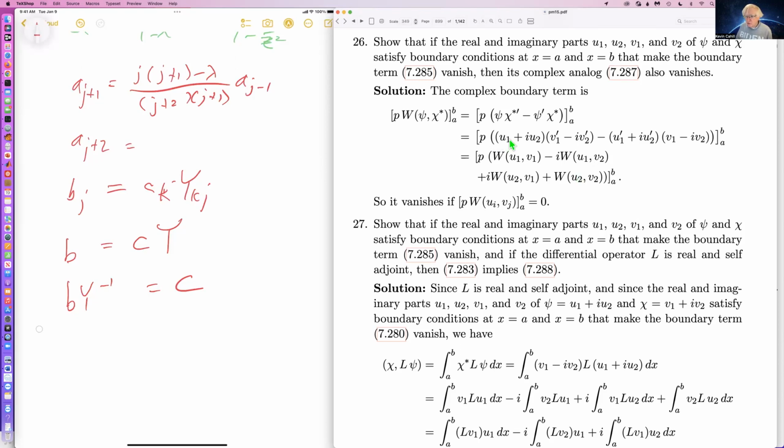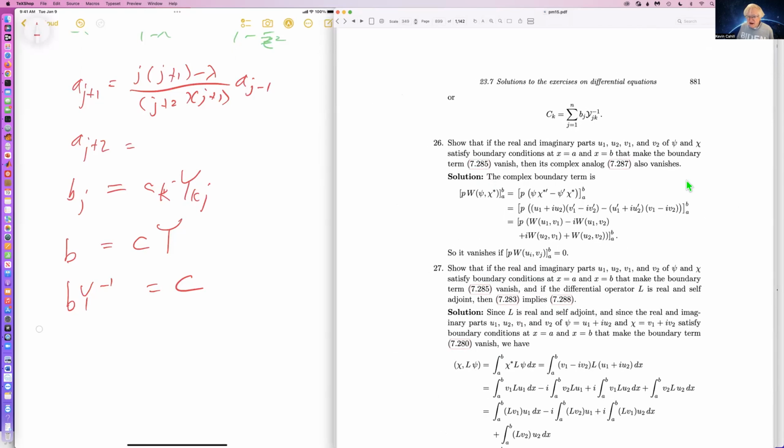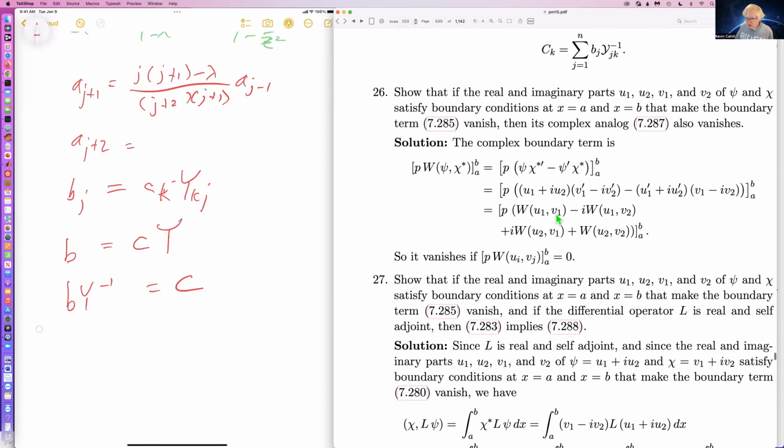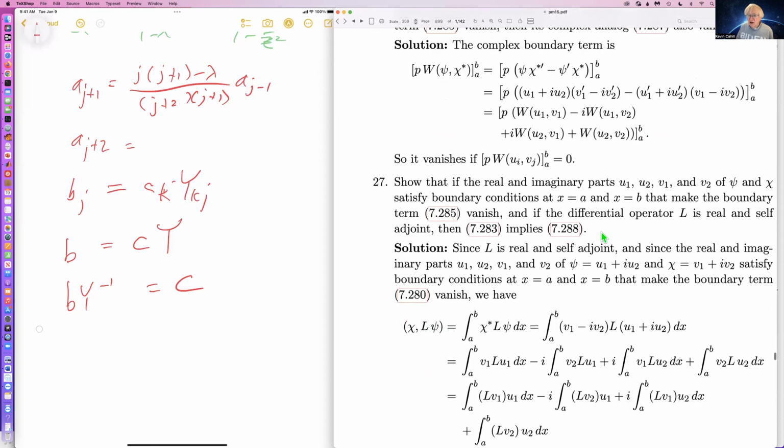And now if you multiply these together and write them as something real times something minus something imaginary, another imaginary term, then a real term, what you see is that this vanishes if all of the boundary conditions are zero, then the complex one vanishes. But you need this one to vanish, that one to vanish, that one to vanish, that one to vanish.